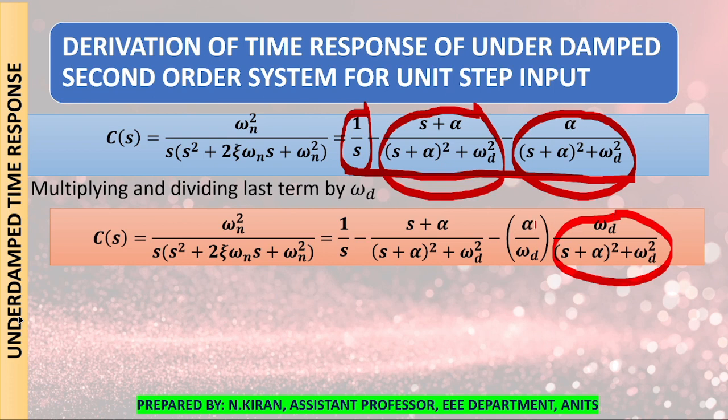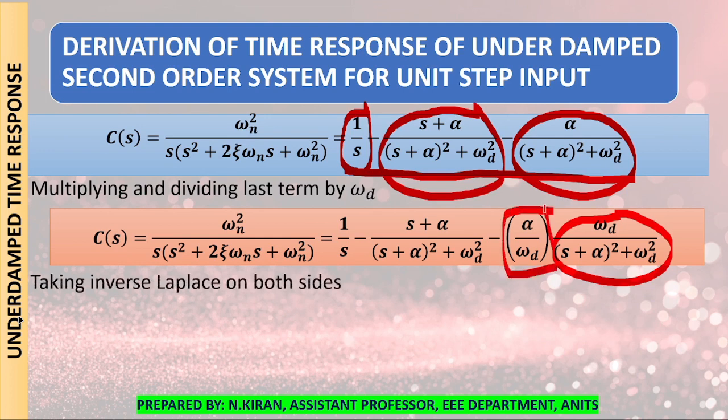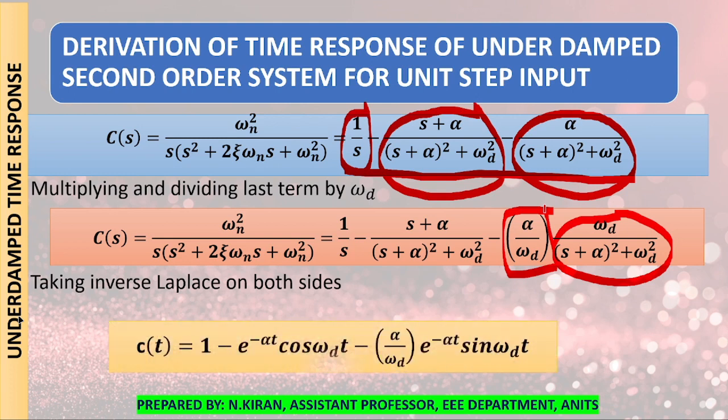Here I have taken alpha divided by omega d as common. Now if I apply inverse Laplace, that will give me the expression for c of t as 1 minus e power minus alpha t into cos omega d t minus alpha by omega d into e power minus alpha t into sine omega d t.